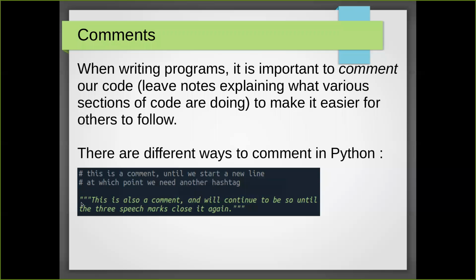Or you can use this method, which is where you put 3 inverted commas in a row, and that starts a comment, and that will continue to be a comment across lines and across your code until you put these 3 inverted commas again. So be a little bit careful with that one. You can accidentally get into all sorts of a mess if you're not careful with that.